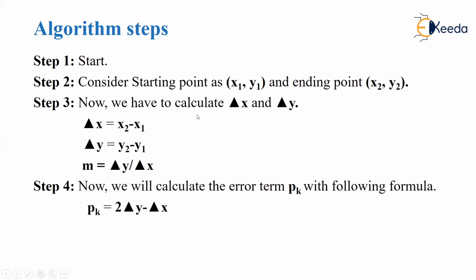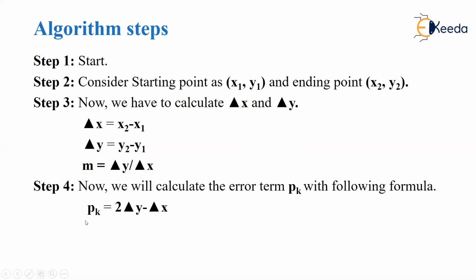Then we calculate the difference between these two points with the help of delta x and delta y. Delta x is equal to x2 minus x1 and delta y is equal to y2 minus y1. Therefore, slope m will be delta y by delta x. These things we have already seen in the DDA algorithm. The same operations we have to carry out in Bresenham's algorithm.